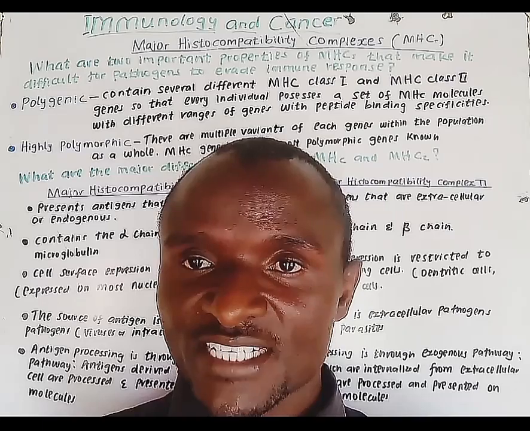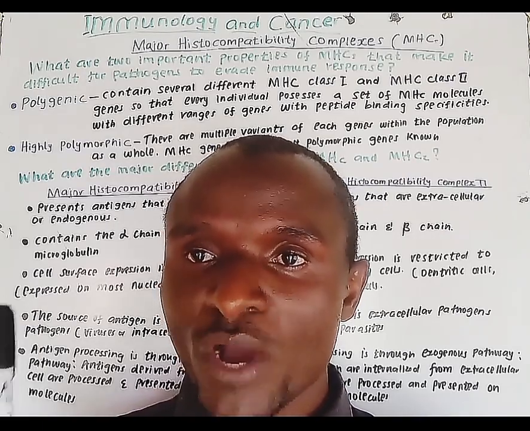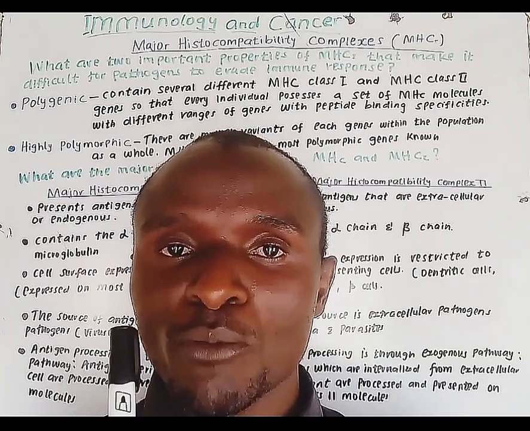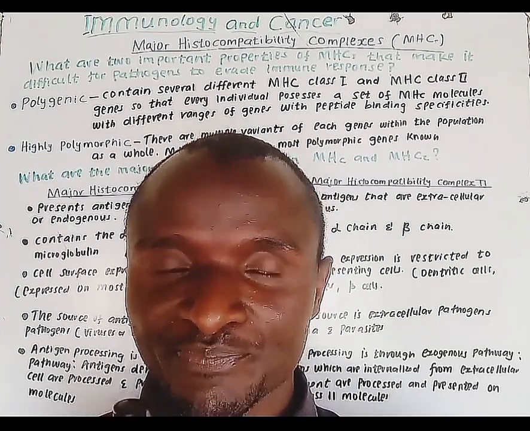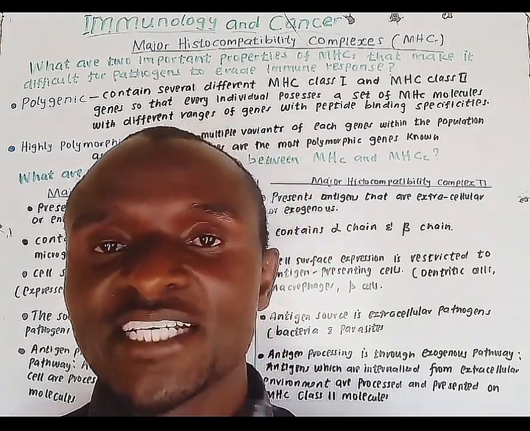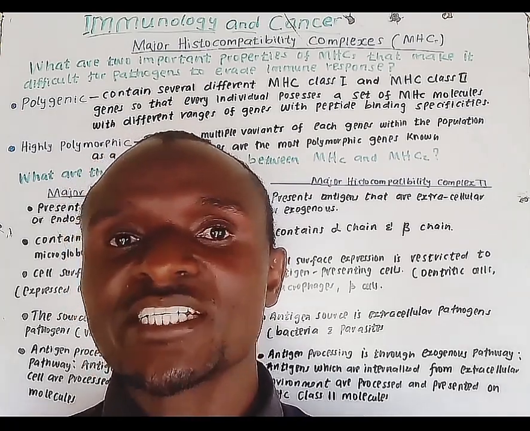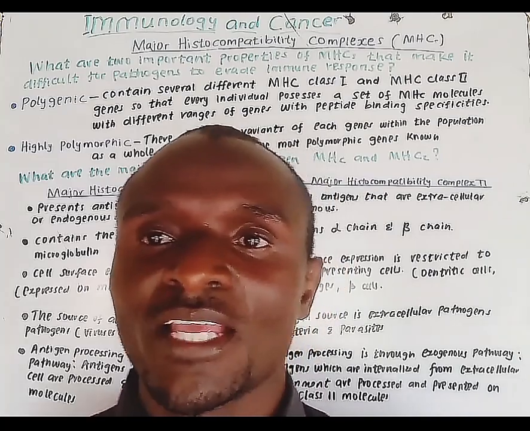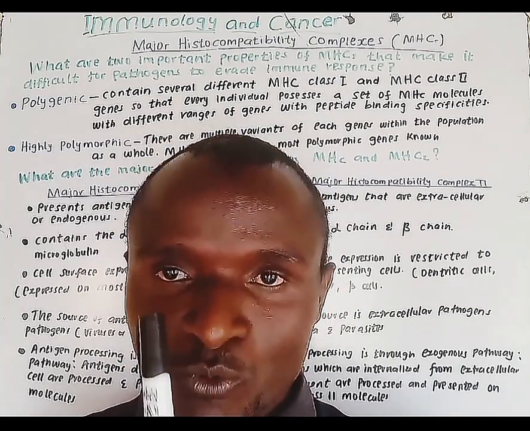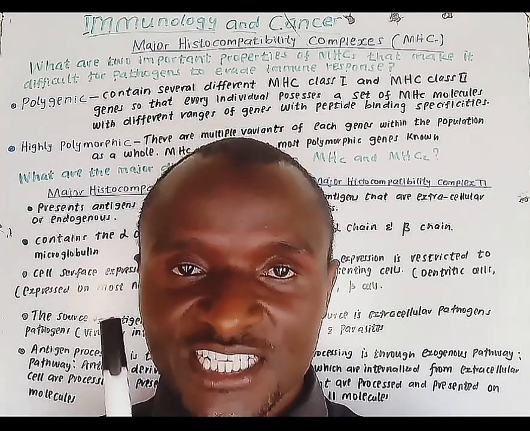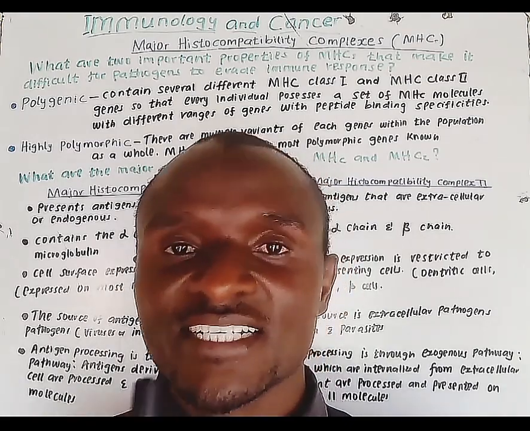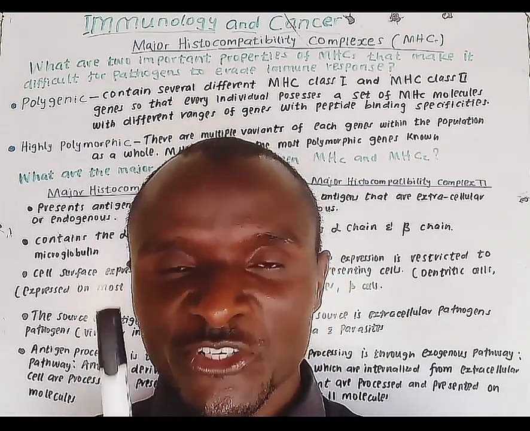Another difference is that MHC1 contains alpha chain and beta 2 microglobulin. MHC2, on the other hand, contains alpha chain and beta chain. In MHC1, cell surface expression is ubiquitous. That is, it is expressed in most nucleated cells.